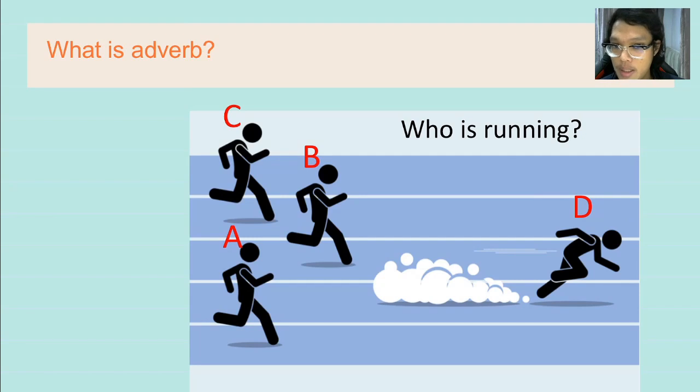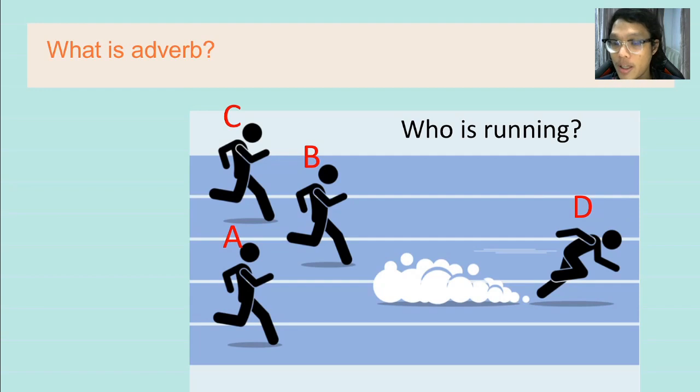A, B, C, and D. So I ask you, who is running? What does the word run mean? Run means when you move your body from one point to another at a very fast pace.